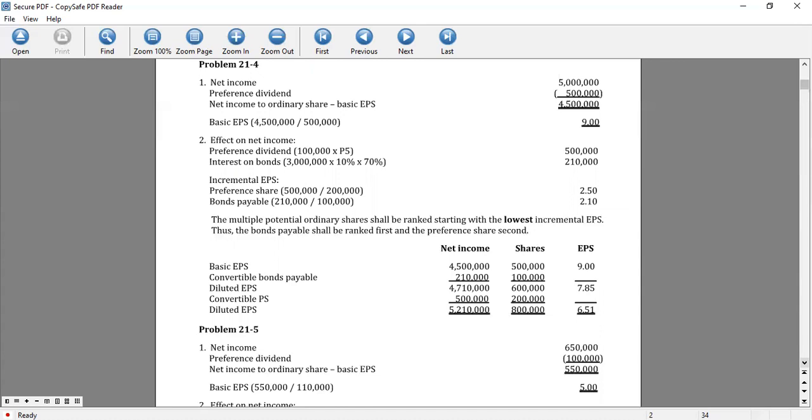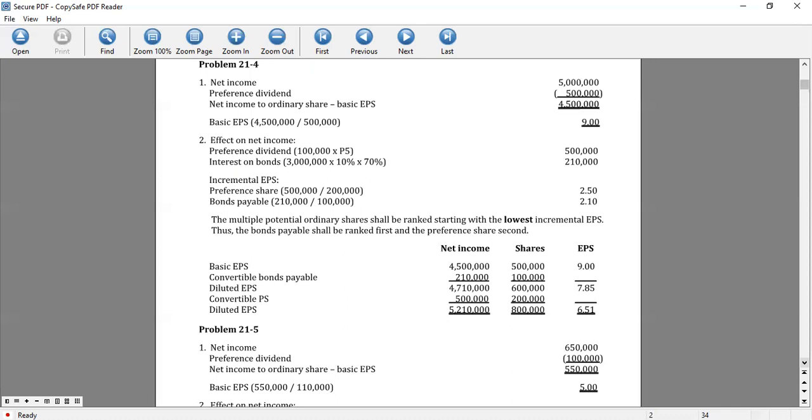Now, for the determination of the basic earnings per share, first we begin with net income. Given is the amount of 5 million. That's net income for the current year. And from the net income, we deduct the preference dividend at the rate of 10. The preference shares are convertible into 200,000 ordinary shares, and as well as the convertible bonds into 100,000 ordinary shares.